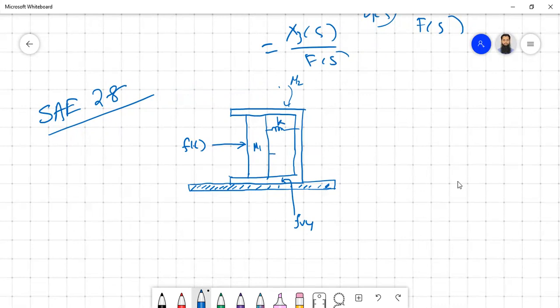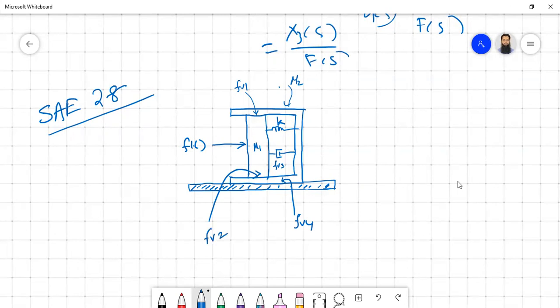You have a damper in between the M1 and M2, so friction in between them maybe. So this is your Fv3. Another friction is here in between 1 and 2, this is your Fv1, and also in between 1 and 2 another friction here, so Fv2.